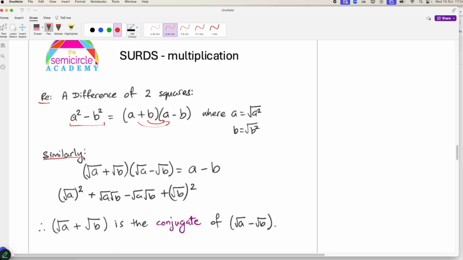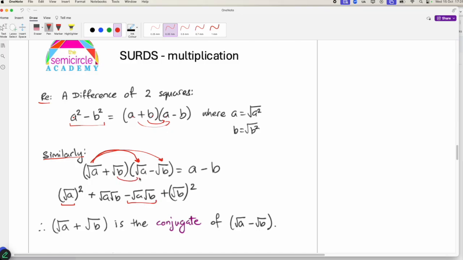Similarly, if I had the square root of a plus the square root of b, multiplied by the square root of a minus the square root of b, and I multiply this out, root a times root a will give me root a squared. Root a times minus root b will give us minus root a root b.